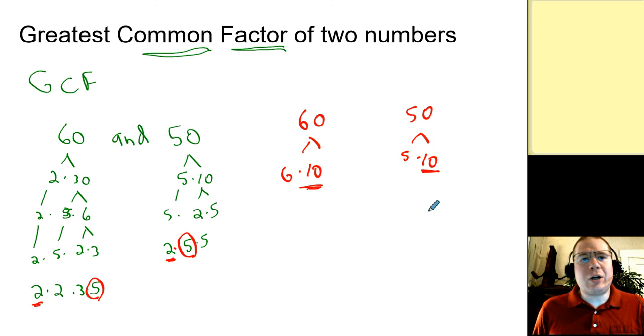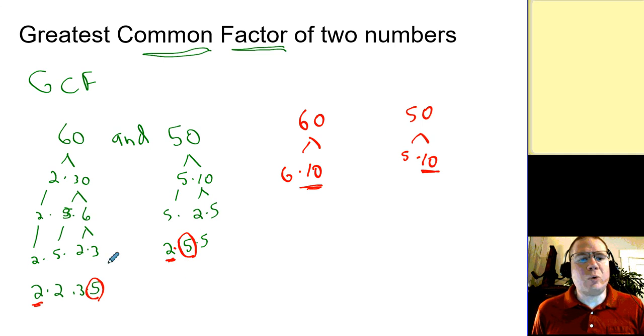Now, the greatest common factor is sometimes the one that's most obvious to us. In this case, the GCF is very easy to spot. But much of the time, it's not the first factor that comes to mind. Or maybe for some numbers, none of the factors come easily to mind.